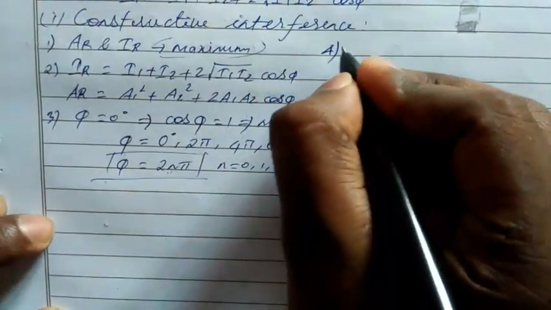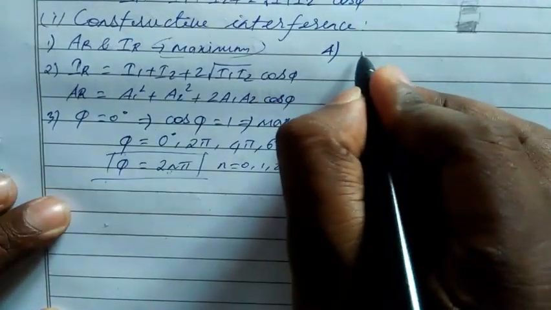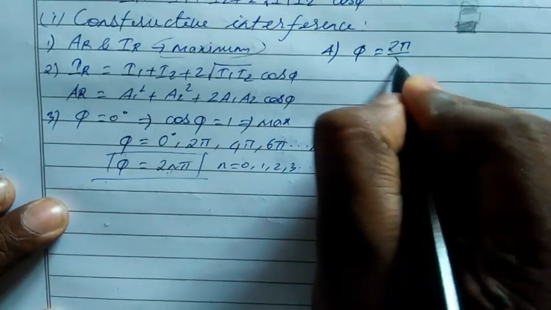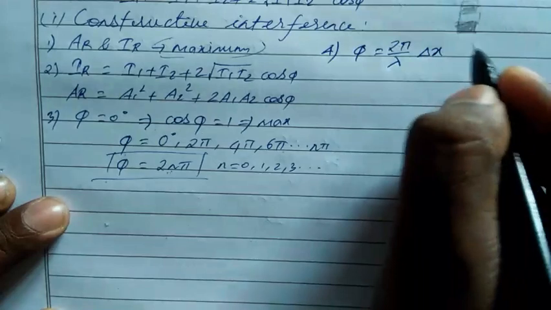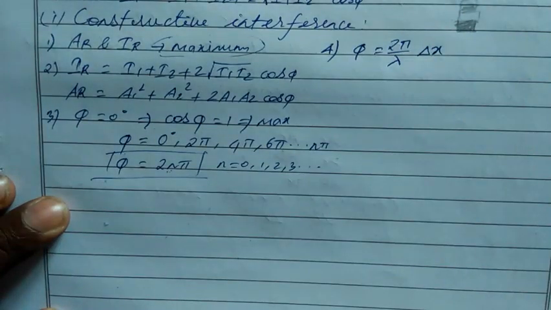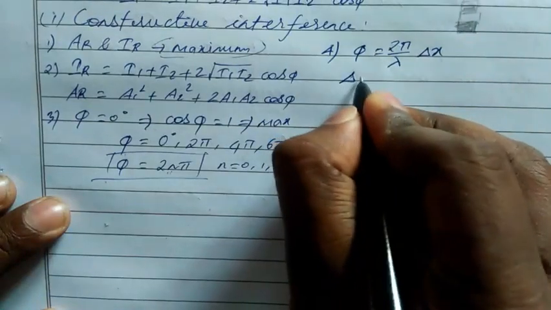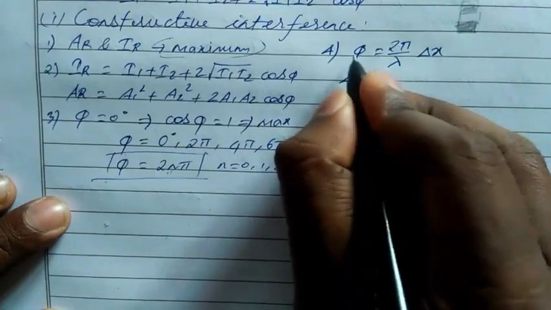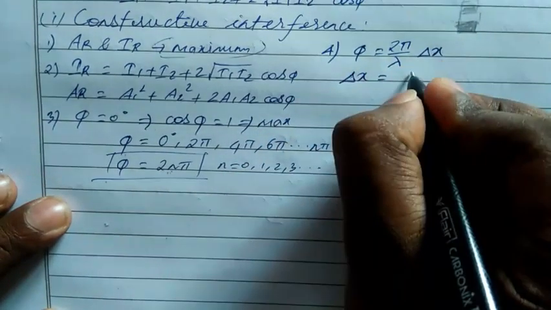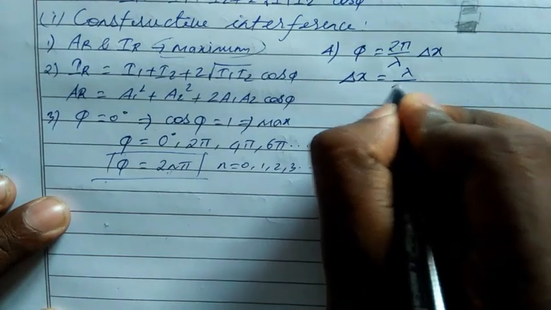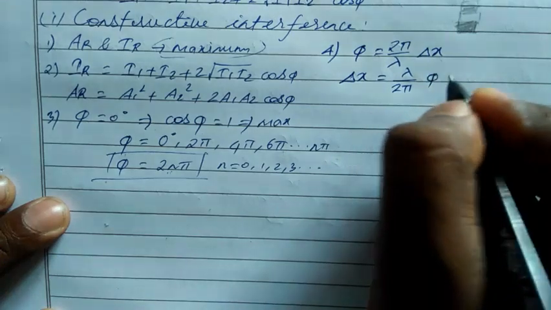And the fourth point, we have the phase difference formula. Phi equal to 2 pi by lambda into del x. From this formula, take the value of del x. So del x equal to lambda by 2 pi, which goes to the left hand side, we get lambda by 2 pi into phi.